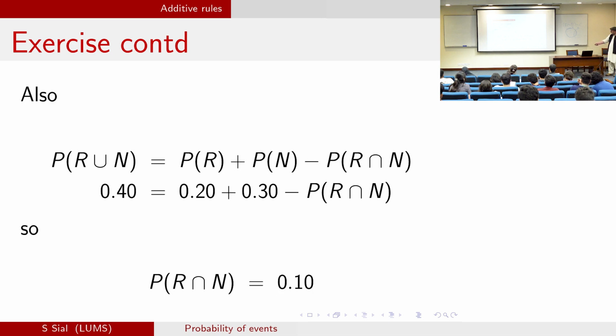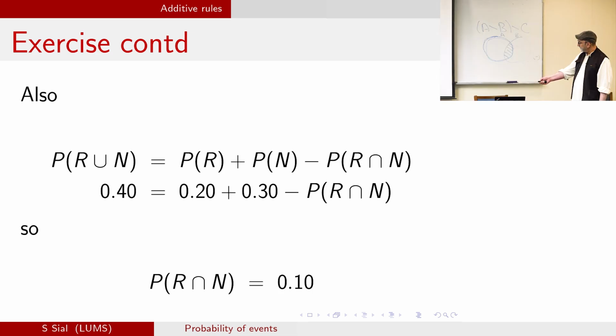So we found that this probability on the left was 0.4. So that's equal to probability of R, 0.2, plus probability of N, 0.3, minus the probability that we are trying to find. Okay? So the probability that we're trying to find is 0.1.